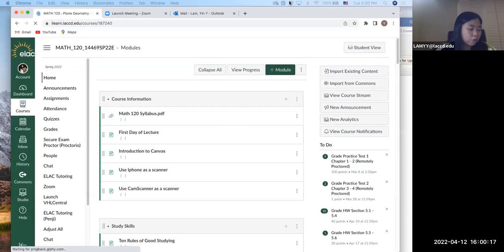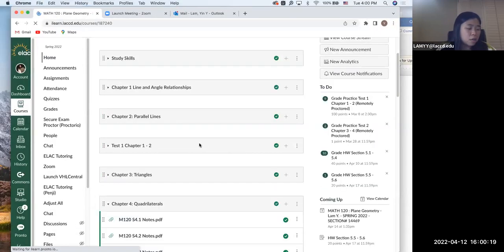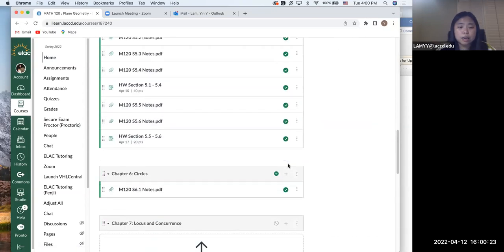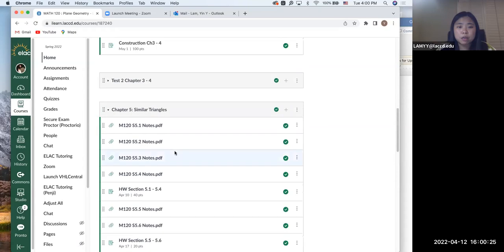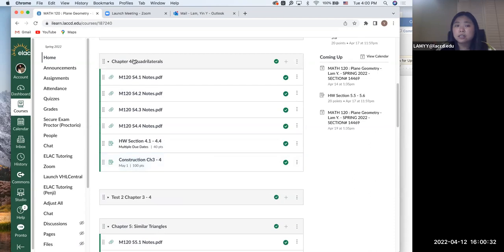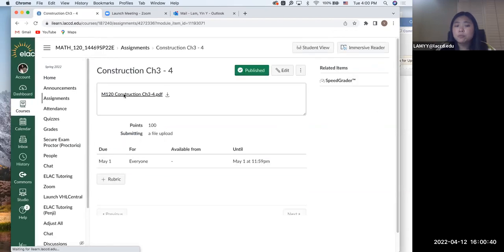And also on Thursday, I will cover section 6.1. And I want you guys to get prepared. I posted the construction chapter 3 and chapter 4 on Canvas. That is under chapter 4. Okay, click on chapter 4. You should find the construction chapter 3 and chapter 4. Print it out. Just like last time, you guys need the tools.